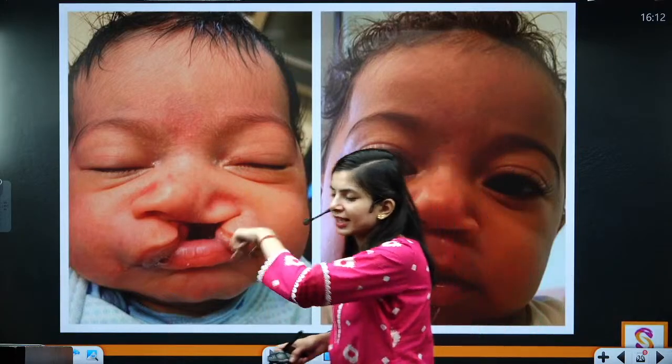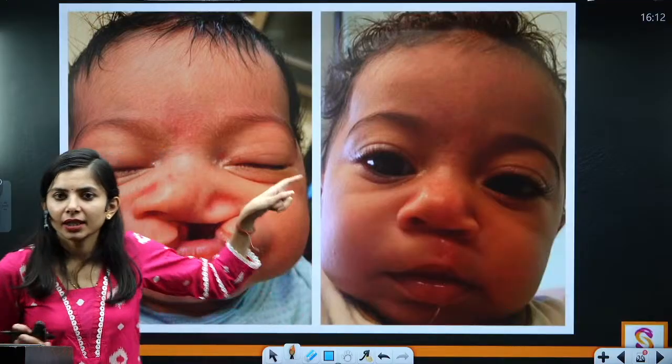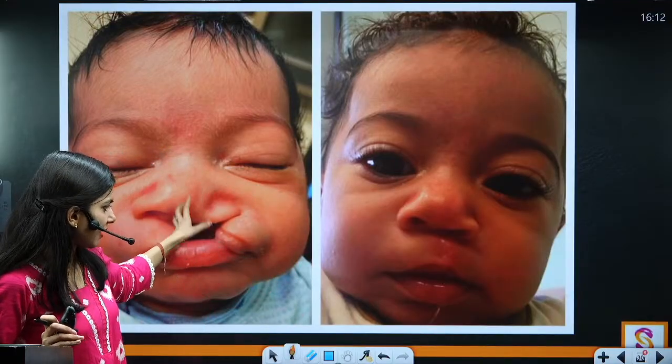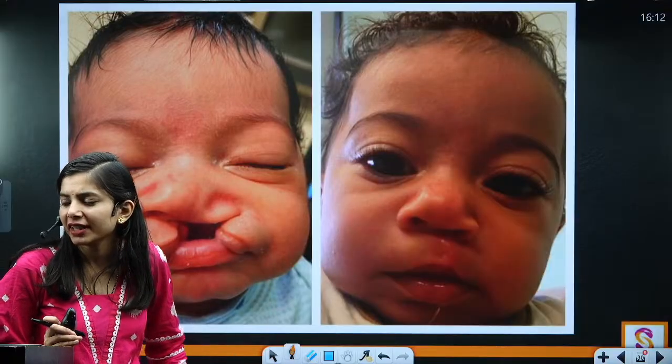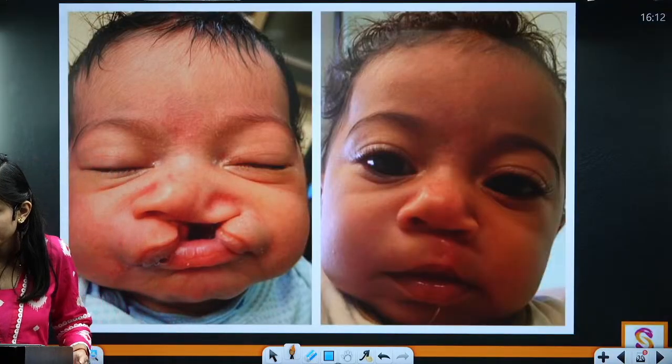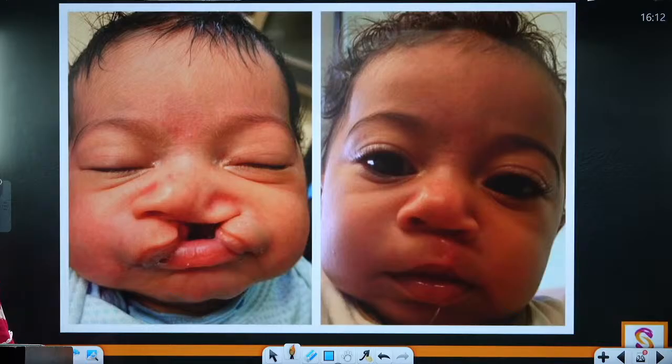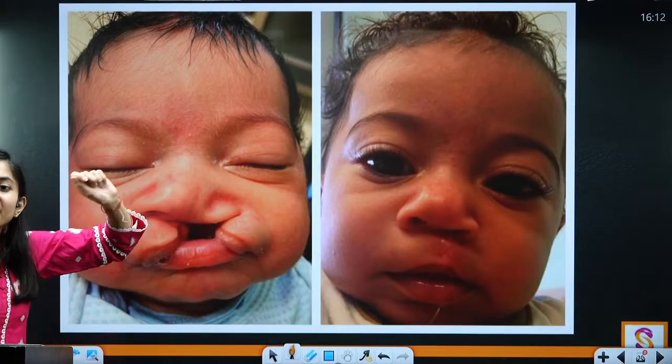One more thing, tell me, if any person taking birth has a cleft palate or cleft lip, is that person going to be infertile, yes or no? Just tell me. Is this person going to be infertile or not?